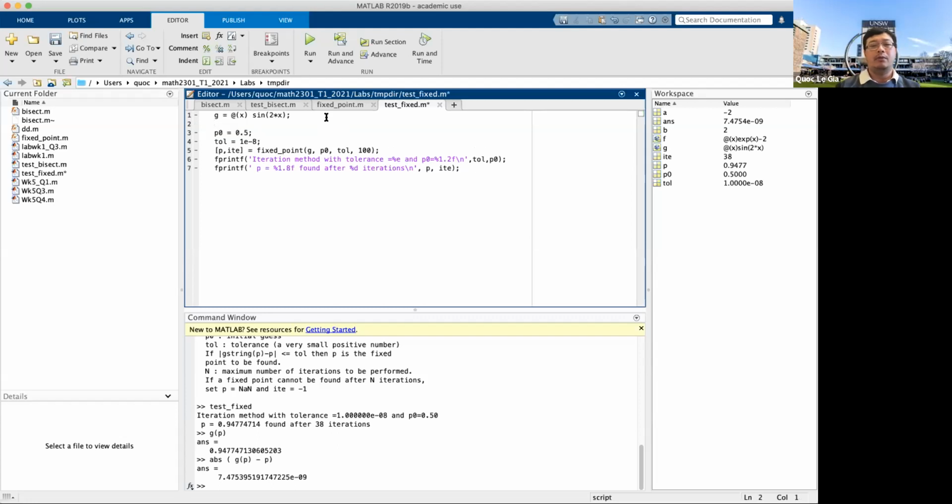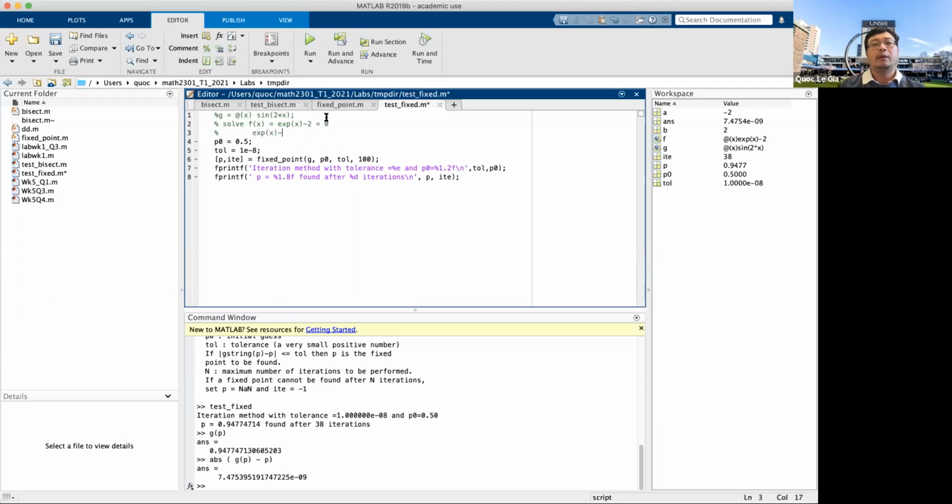So suppose now I want to solve f(x) equal e to the x minus 2 equal 0, right? Yeah. And so one way to convert it into a fixed point iteration is you can do many things. You know, you can add x on the left and on the right.